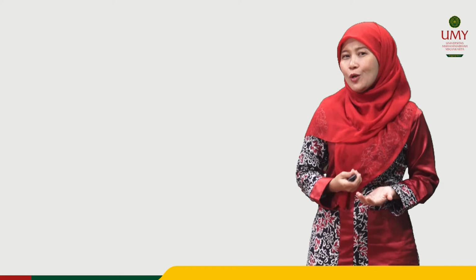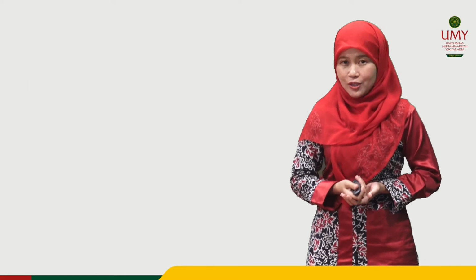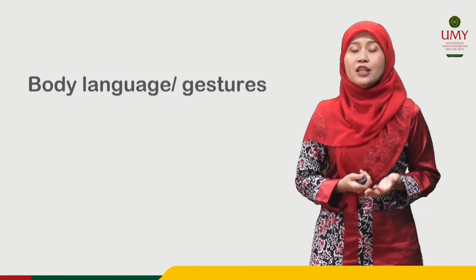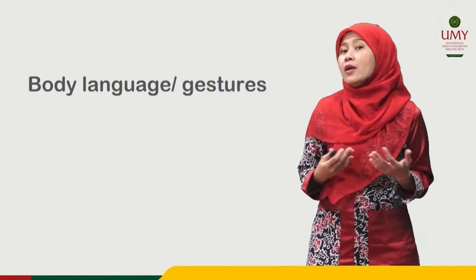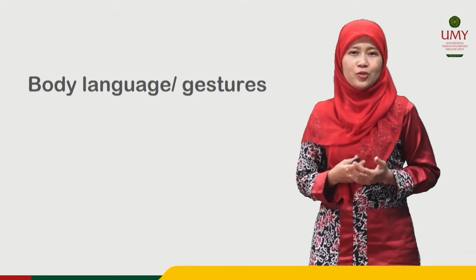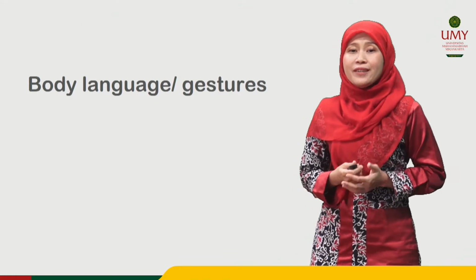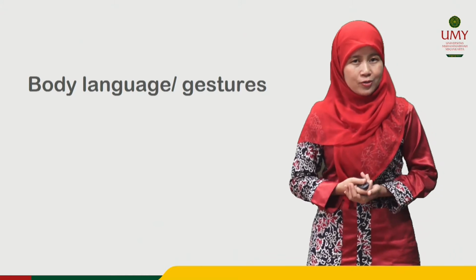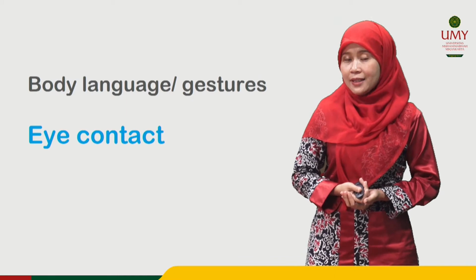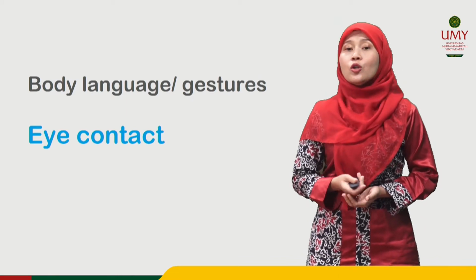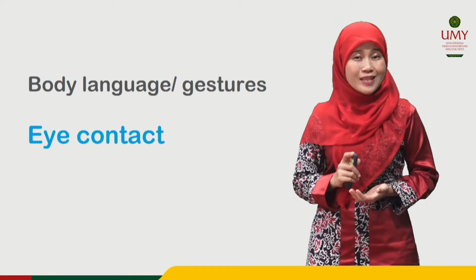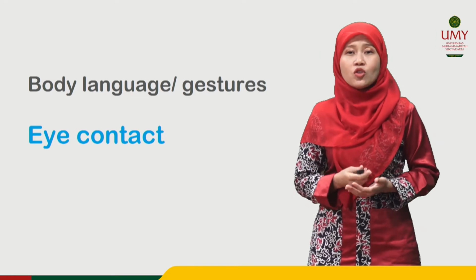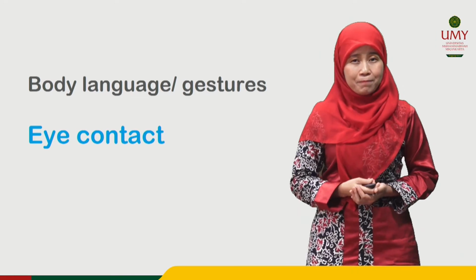One of the most important things when delivering a speech is body language, or a lot of people call it gestures. Although it is nerve-wracking, you still have to control your gestures. Eye contact is very important. Don't look at the floor or the ceiling or some blank space on the wall all the time.